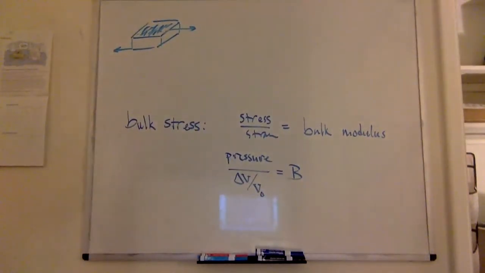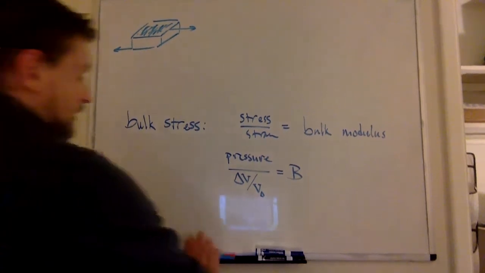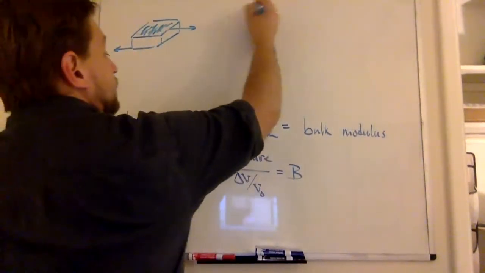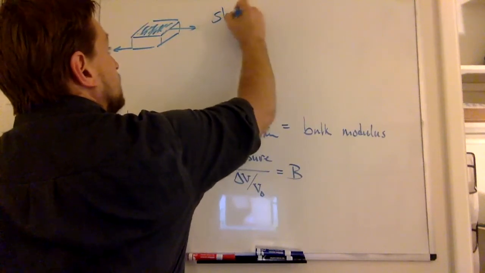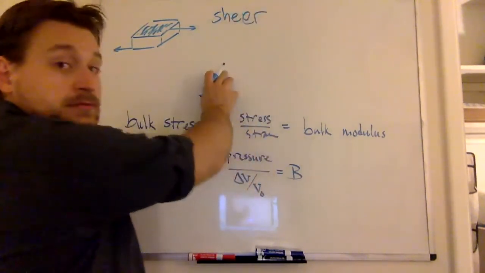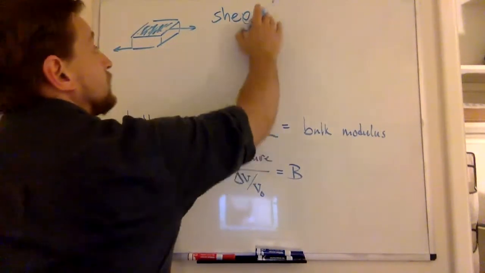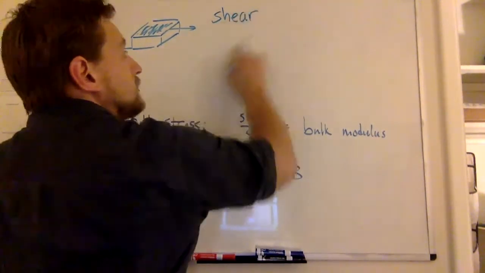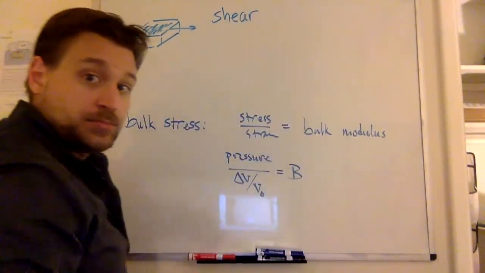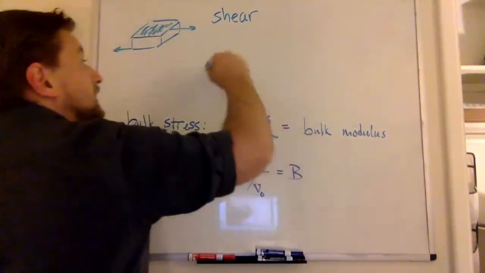So this is the last kind of stress we are talking about, and it is shear, not like fabric, not sheer fabric or sheer insanity, but shear like shearing a sheep or the haircut I desperately need.